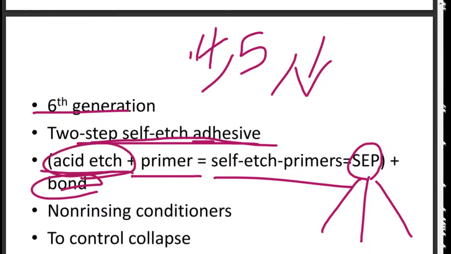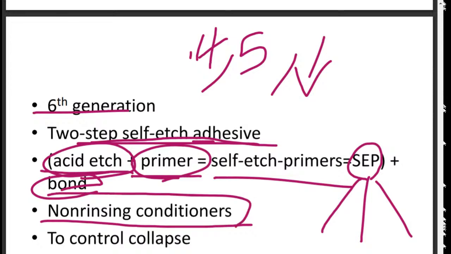These are the two steps, 1 and 2. This generation requires nourishing conditions to control collapse.